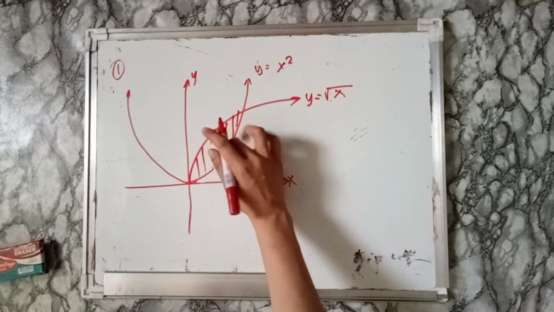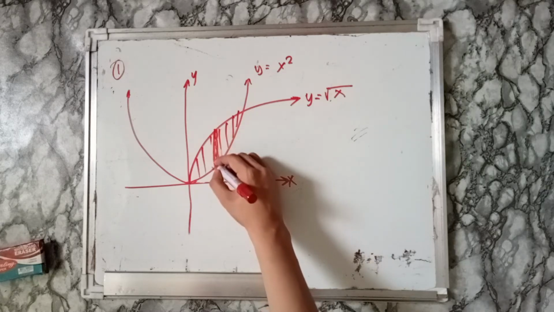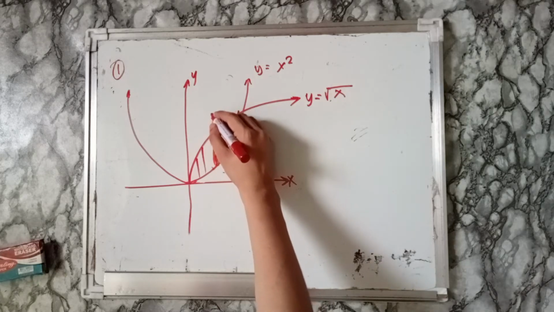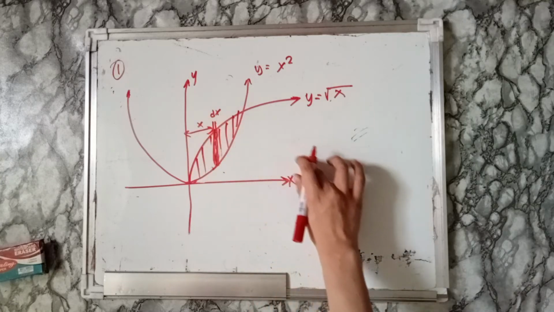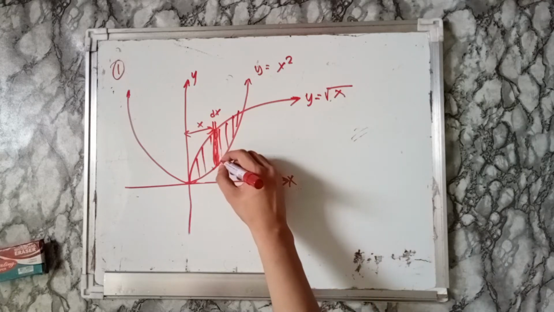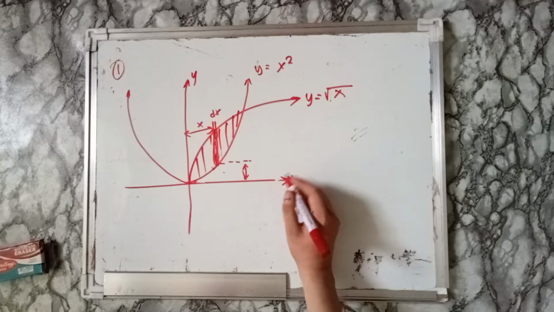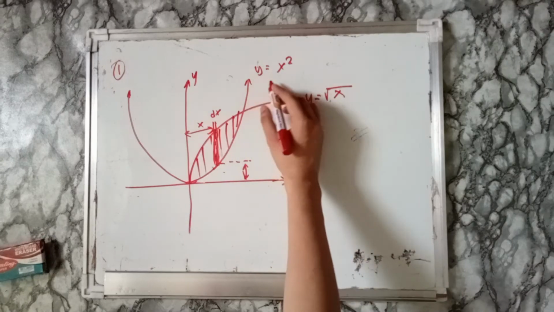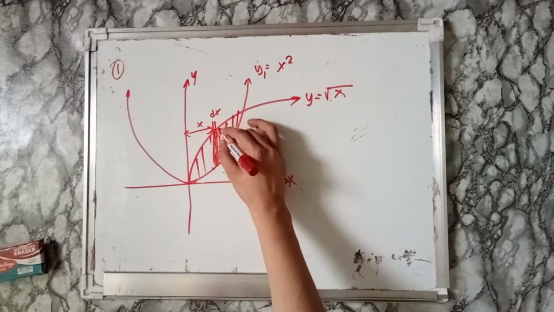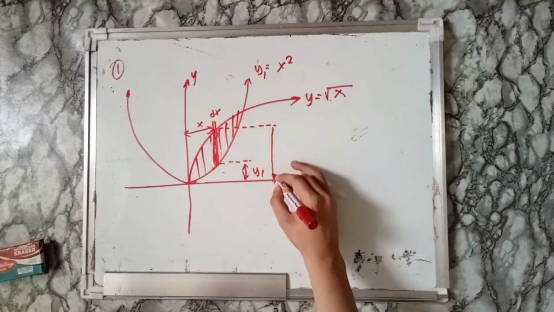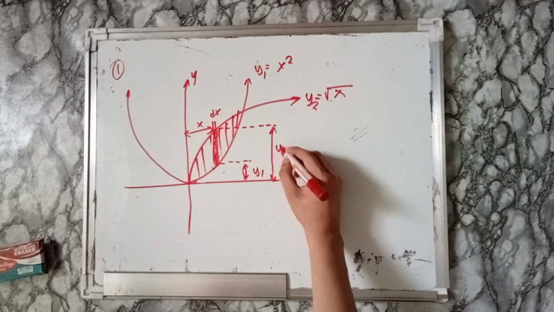let me do that again. So this is our vertical strip, and of course this is dx and our x, and this is actually y. Let's label this as y sub 1. This is actually y sub 1, and the height of this curve to the x-axis is actually y sub 2.